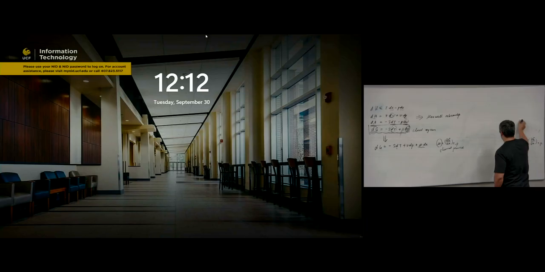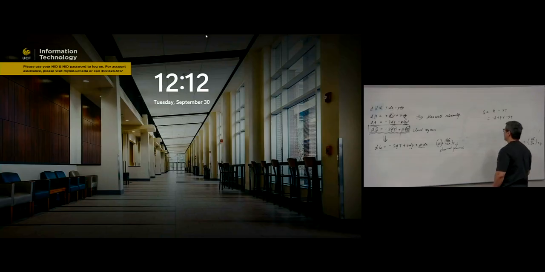Mathematically, we know that G equals what? G basically equals H minus TS, right? That's the definition of G, or U plus PV minus TS.